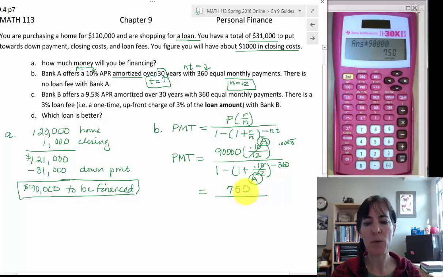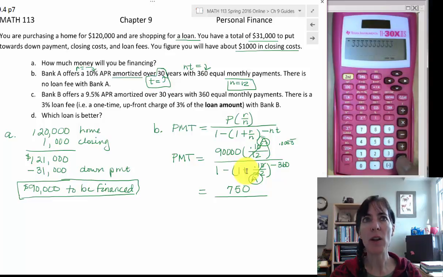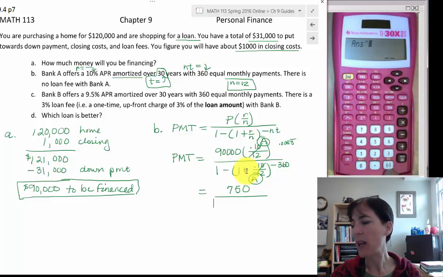So I think I will start off by doing this addition here. So I have 1 plus recall A equals, and then I have to do the power to the negative. I need that negative button, negative 360 equals, and then I have to do 1 minus answer equals.